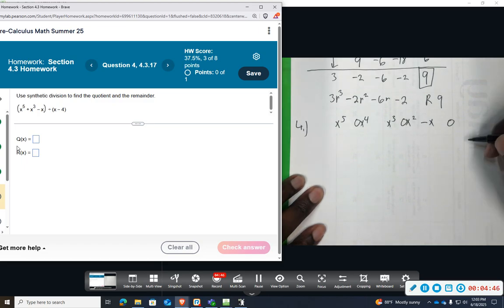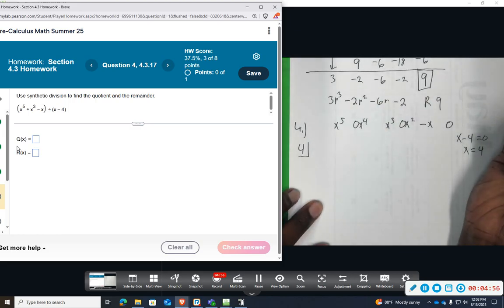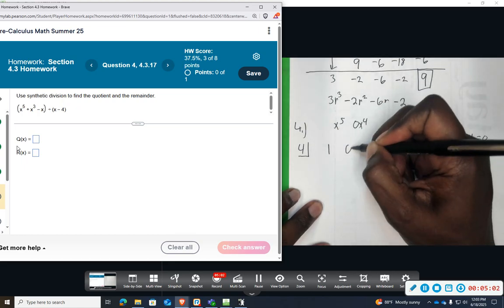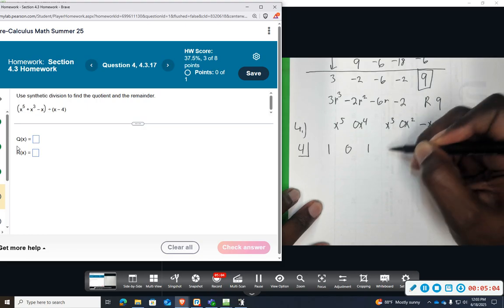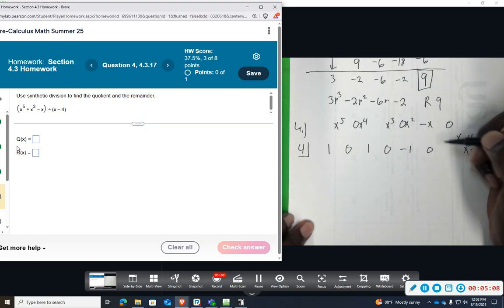We're going to find our box number. So it's going to come from the x minus 4, set it equal to 0, and you get x equals 4. So 4 is going to go in our little box. I'm going to write the coefficients of this polynomial down. So just understood 1, 0, understood 1, 0, a negative 1, and then 0.